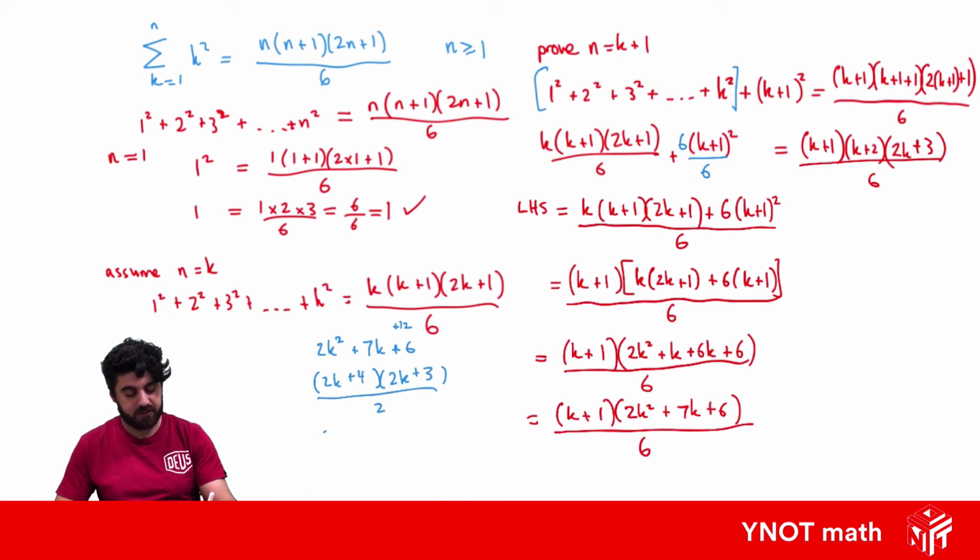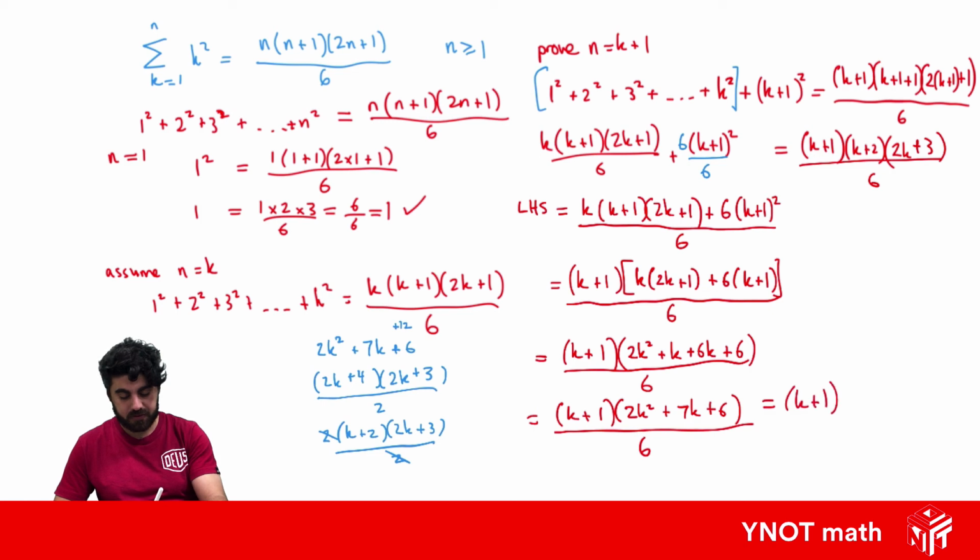We can factorize a 2 out of this bracket and get k plus 2 outside of 2k plus 3 all over 2. And those 2's will cancel. And that's what we can factorize our quadratic as. So this equals k plus 1 outside of k plus 2 outside of 2k plus 3 all over 6, which does equal our right-hand side.